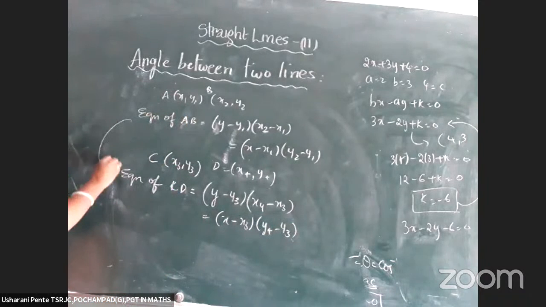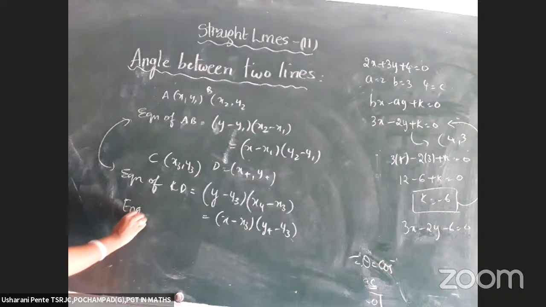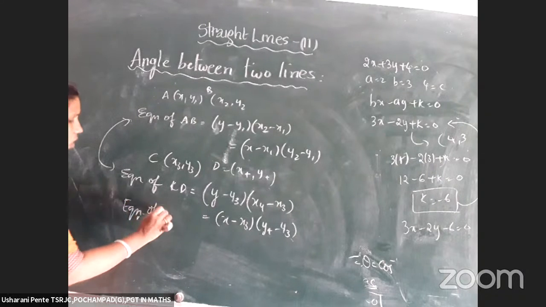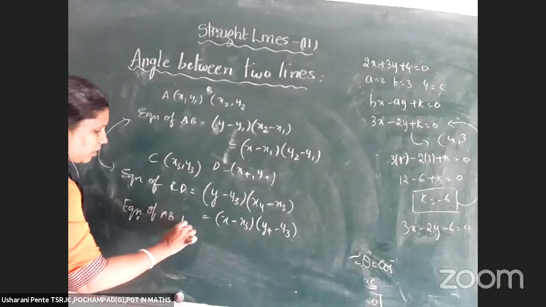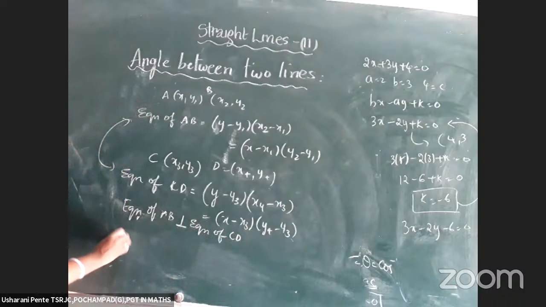Then if the given two lines are perpendicular, that is, the line AB is perpendicular to the line CD, then how can we write the equation?